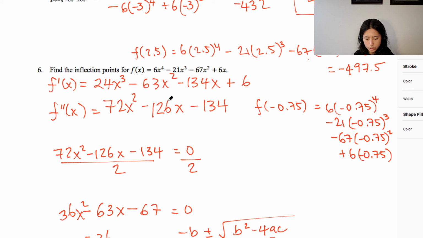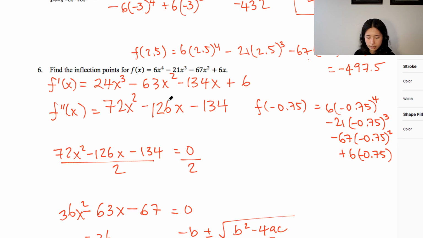Okay, so punching these numbers into my calculator, you have 6 times negative 0.75 raised to the power of 4 minus 21 times negative 0.75 cubed, right? And that's minus 67 times negative 0.75 squared, plus 6 times negative 0.75.